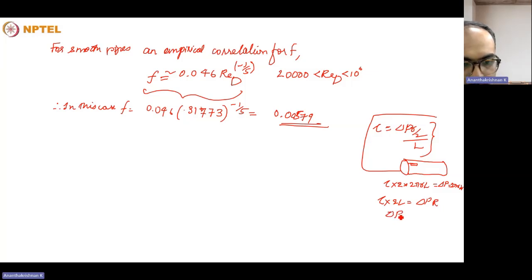Therefore, for the time being we neglect the sign difference, because shear stress will be acting in the opposite direction to that of the pressure drop. If this is the direction of the flow, shear stress acts in the opposite direction. So delta P into R by 2L is equal to the shear stress.